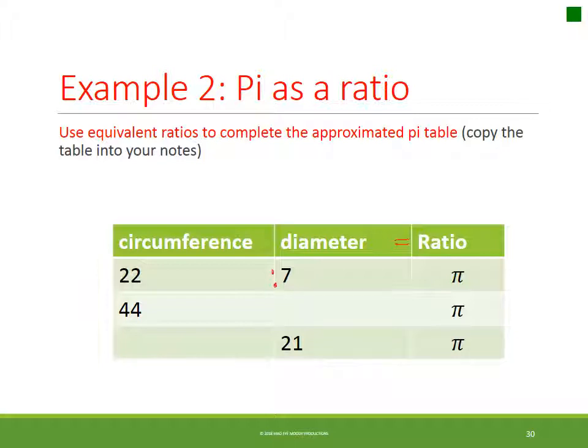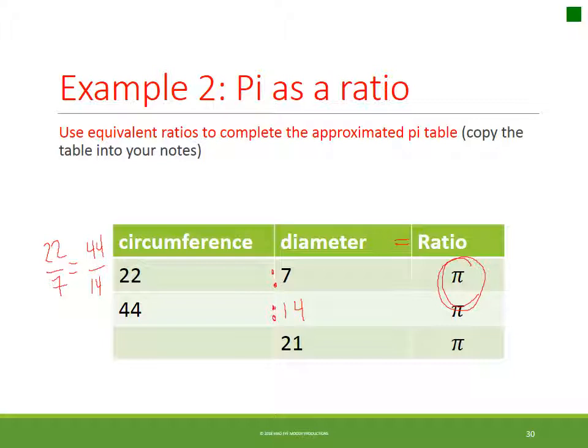Well, if that's true, then I can write an equivalent ratio of 44 to something. Well, 22, if I double that, that's 44. So then if I double 7, I get 14. 22/7 is equivalent to 44/14 because they simplify to the same unit rate.